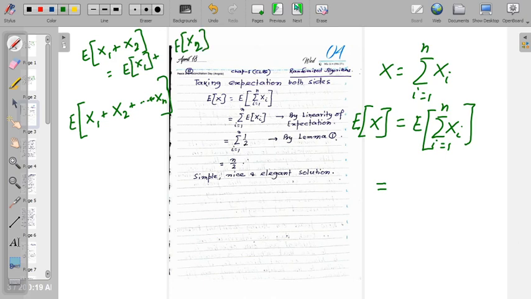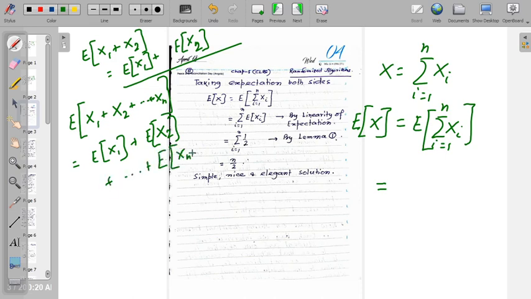If I have three variables, x1 plus x2 plus x3, I can decompose it the same way. If I have n variables, then by linearity of expectation we have expectation of x1 plus expectation of x2 plus up to expectation of xn.